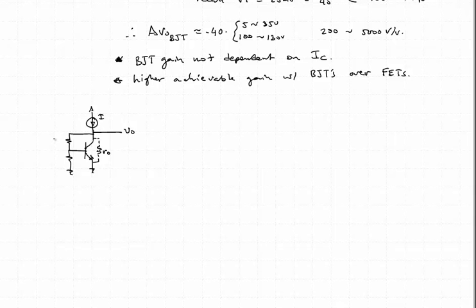But these two resistors, RB1 and RB2, we would want these to be much larger than RO, or they would actually influence the achievable voltage gain. This is not typically what's going to be done in an actual integrated IC amplifier, but if you wanted to do a single stage demo, this might work.